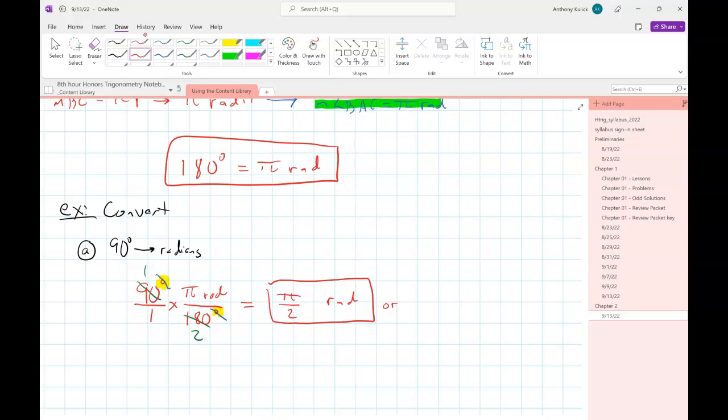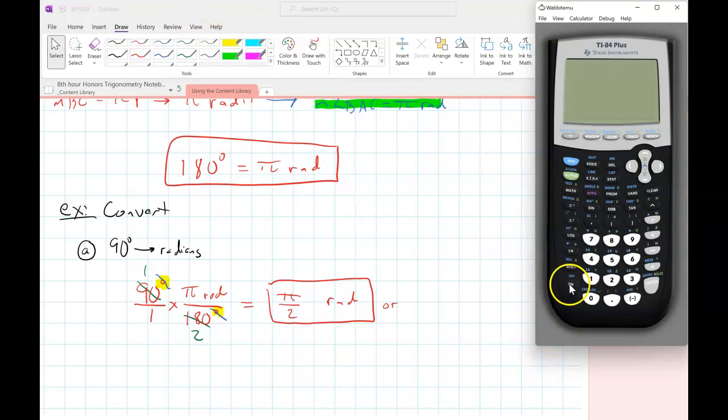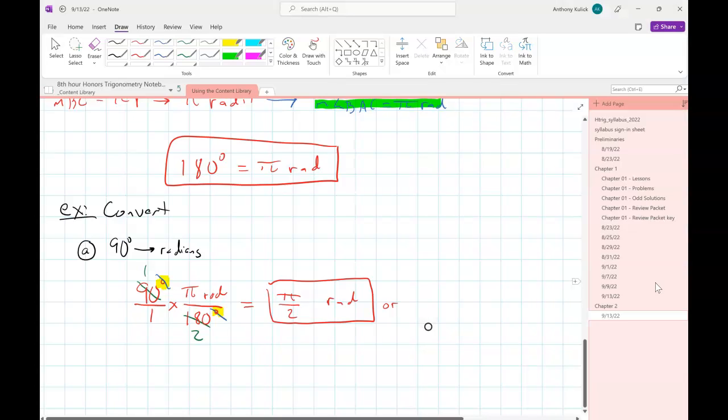What might be another acceptable way to answer this? How about 1.57? Right? What's the difference between these two answers?